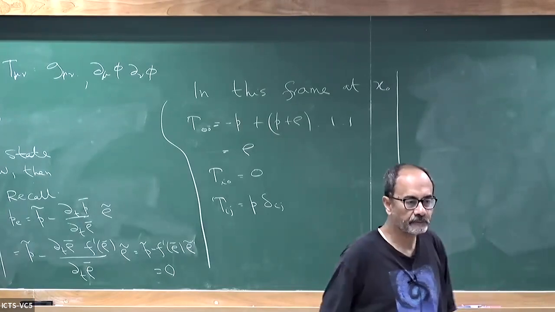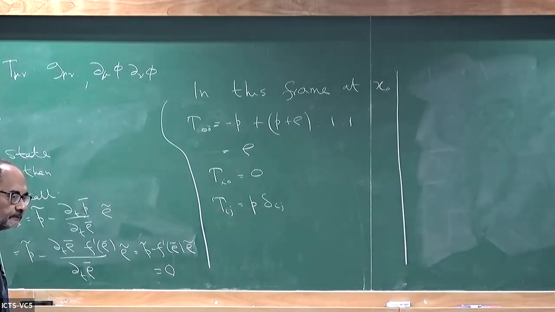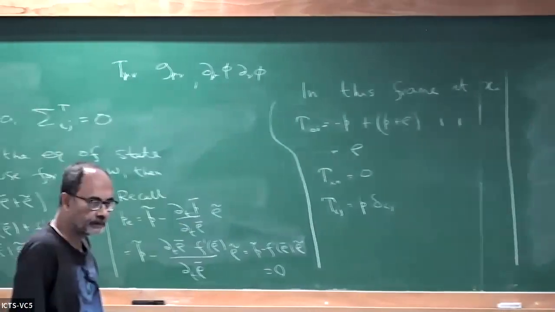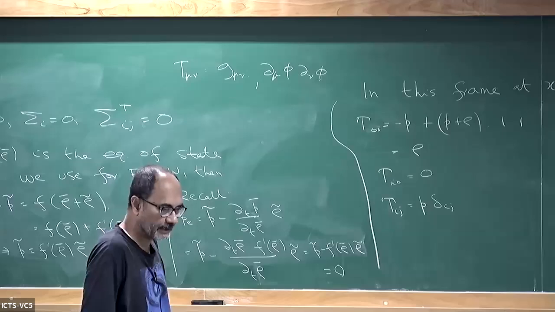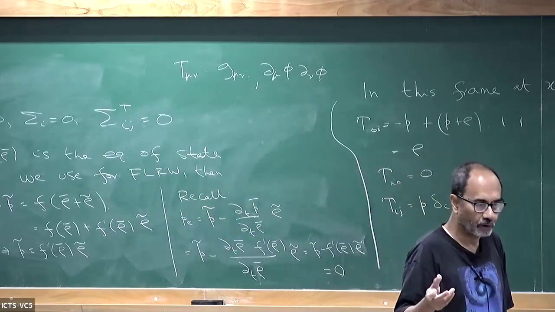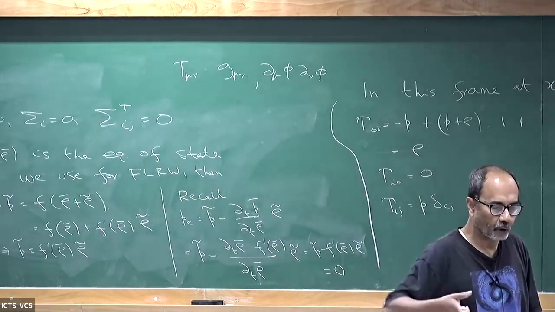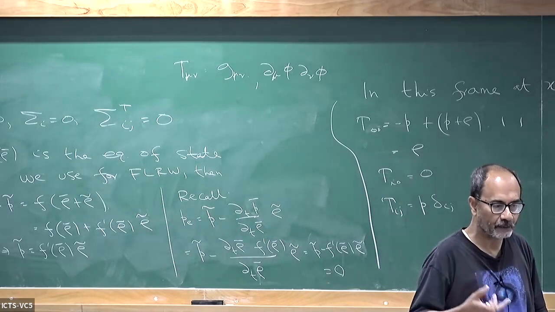So the fact that an equation of state exists for my fluid is one more assumption. Yes, there is one more assumption, exactly. Because the fact that P can be expressed in terms of rho depends on what other data you have. If you have a lot of data in the field, then rho is not the only variable.